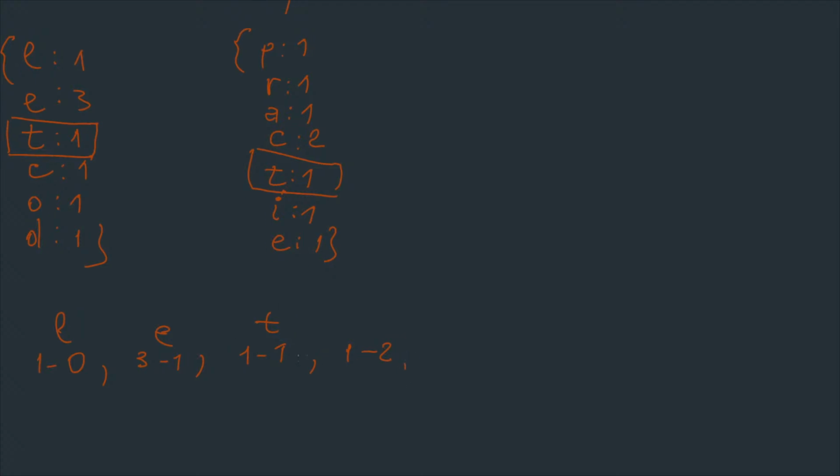But we go absolute value, so it will be 2 minus 1. We don't mind it. For O, we don't have O, will be 1 minus 0. For D, we don't have D, 1 minus 0.